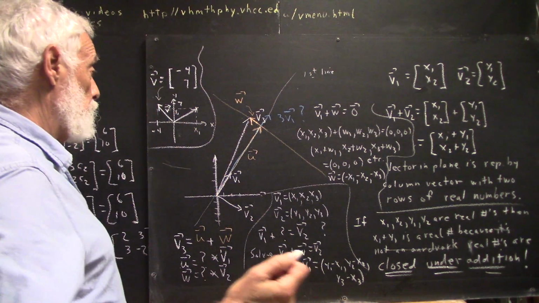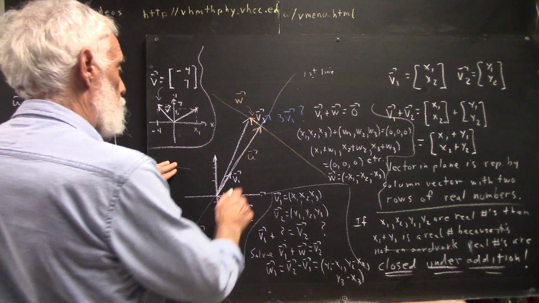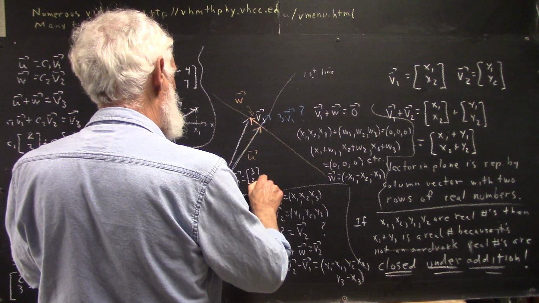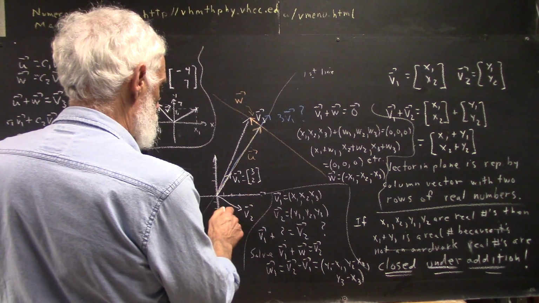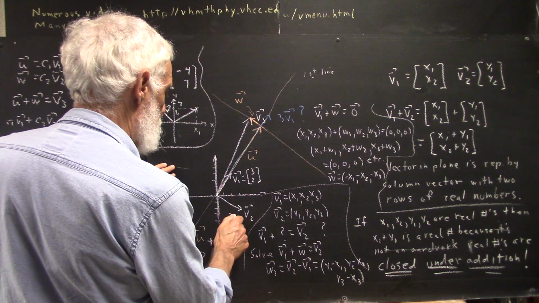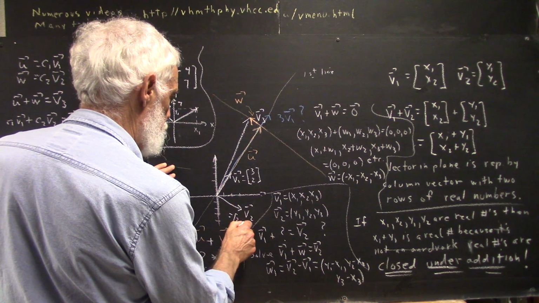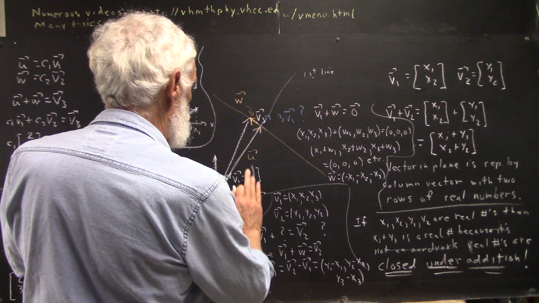Now, you're given three vectors. One of them is 3, 2, that's vector v1. Vector v2 down here is 3, negative 2, and I think I actually wrote this one down, it should be 2, 3.